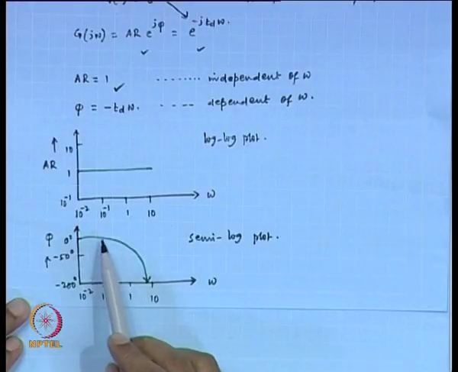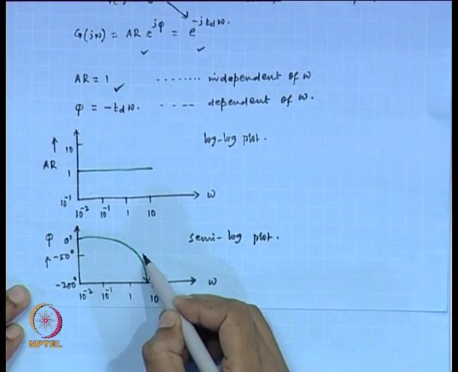Fine. To know the nature of this plot, we need to produce some intermediate data varying the omega value. Ultimately, we get this type of response for phi. What it indicates?